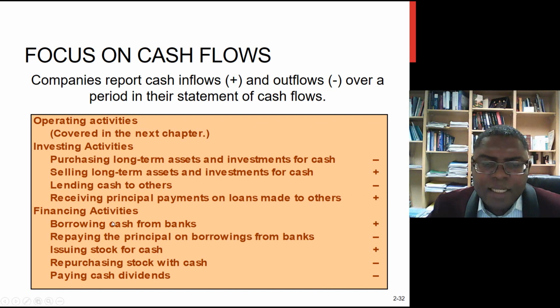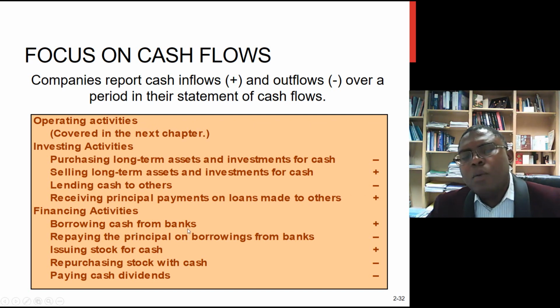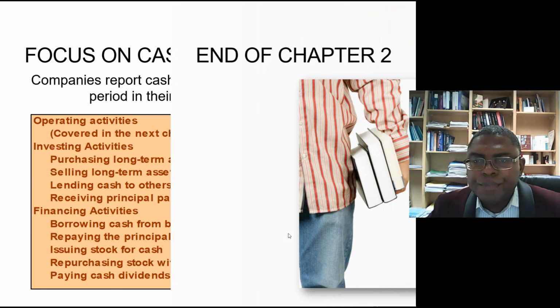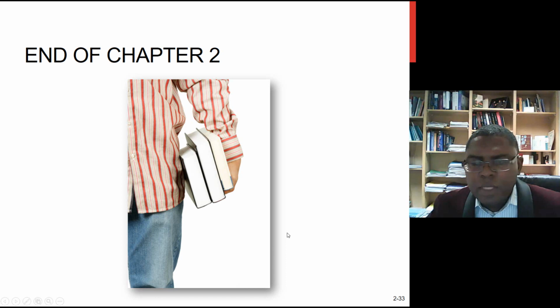If we look at financing activity, borrowing cash from the bank, when we borrow, money is coming in, that is cash inflow. And if we go right down to the end, paying cash dividend. When we pay cash dividend, money is going out. That is cash outflow. That brings us to the end of chapter 2.